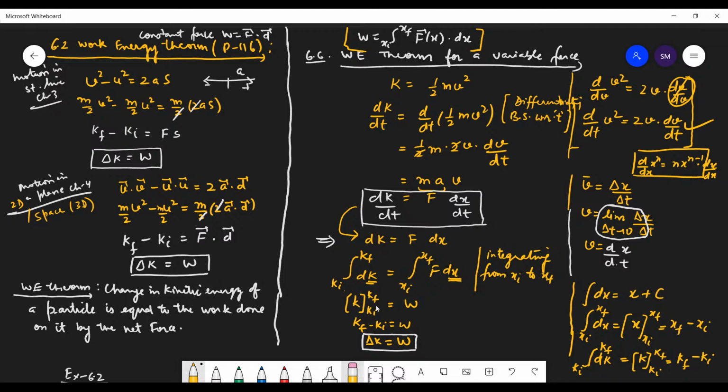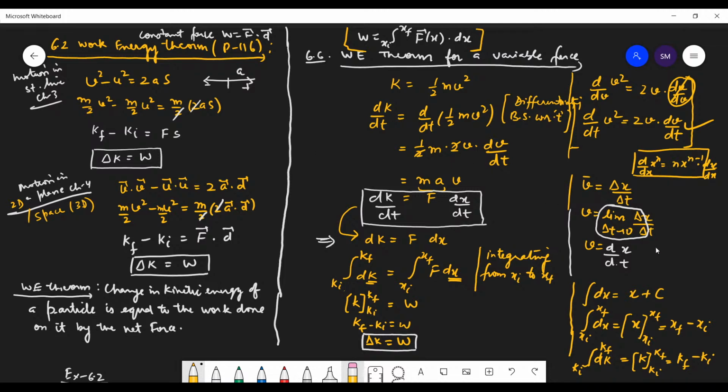The integration of dx is x plus a constant of integration if there are no limits, but here I have the limits. So the integration of dx is x.